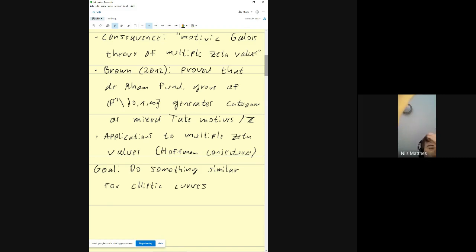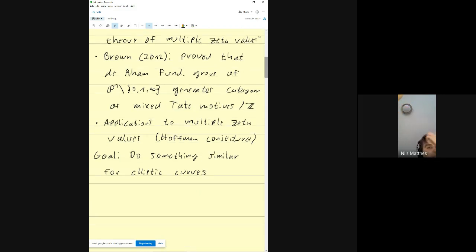But this is not so easy. It's actually quite difficult, particularly because of some complications having to do with motives. So the goal for today is more modest. The goal for today is to make this very first step in the story that I just told you for elliptic curves.